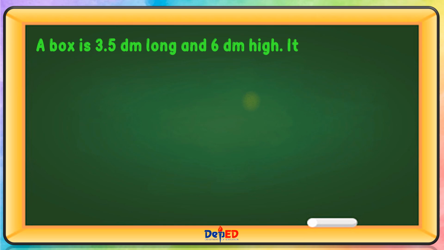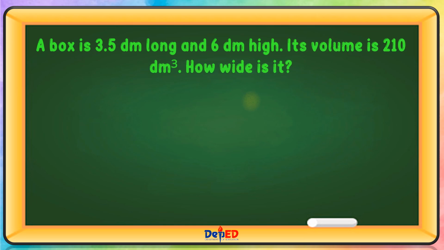A box is 3.5 decimeters long and 6 decimeters high. Its volume is 210 cubic decimeters. How wide is it?